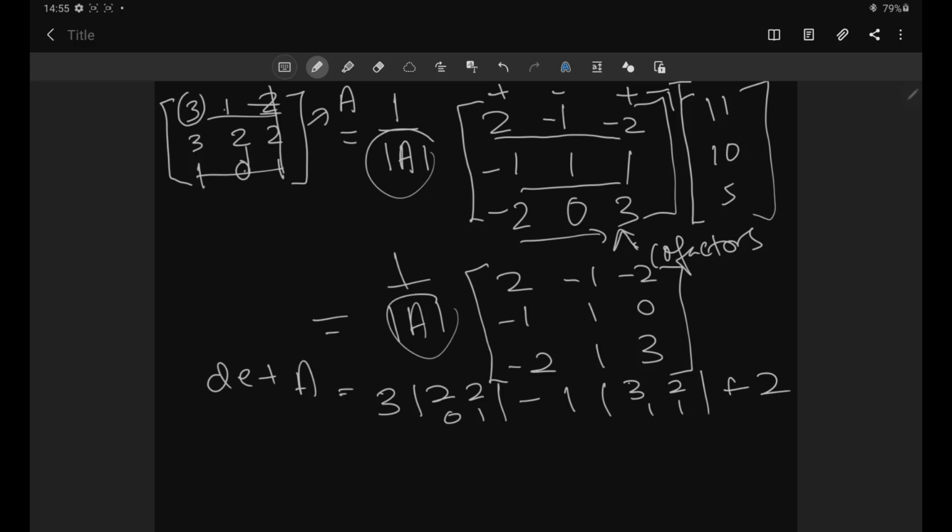Then the last one, the first row, 2, cancel out here, 3, 2, 1, 0.